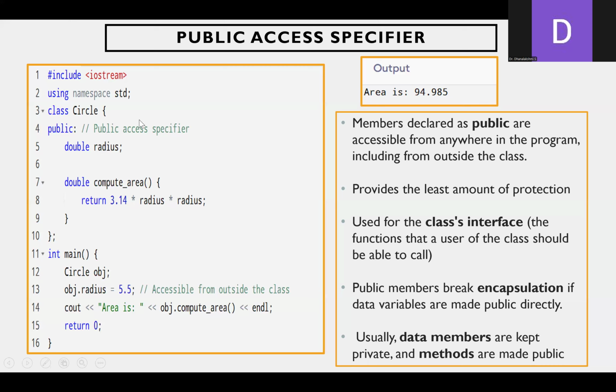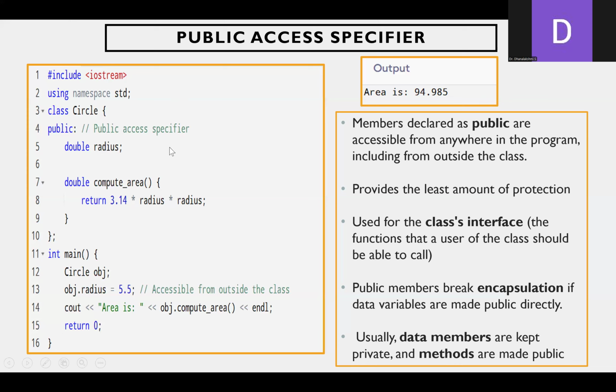So a class groups data members and functions, or methods, that operate on that data. Here we have public, which is an access specifier. Everything declared after this label, until another access label is given, is accessible from outside the class.